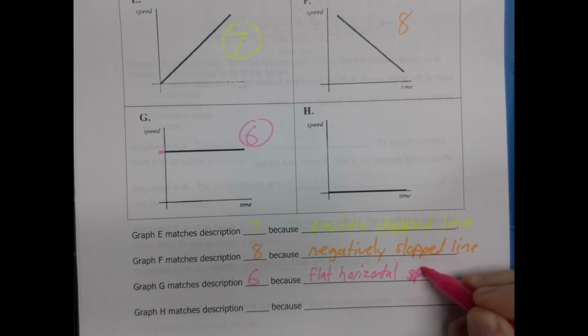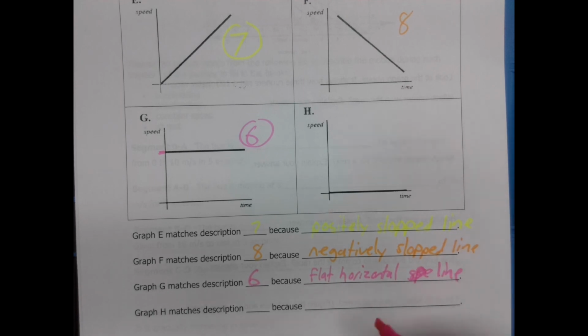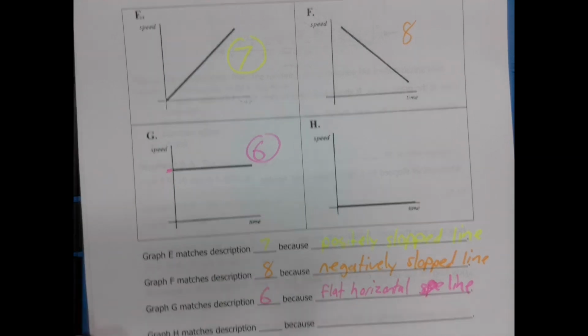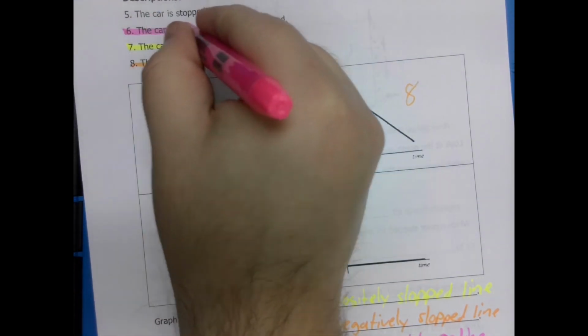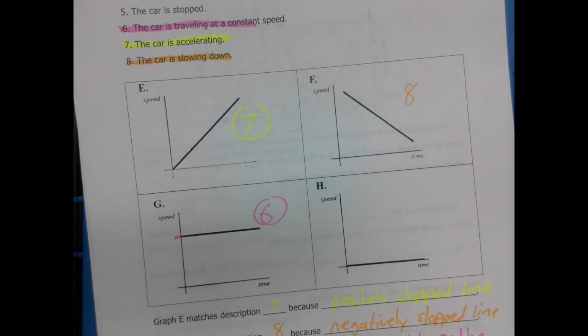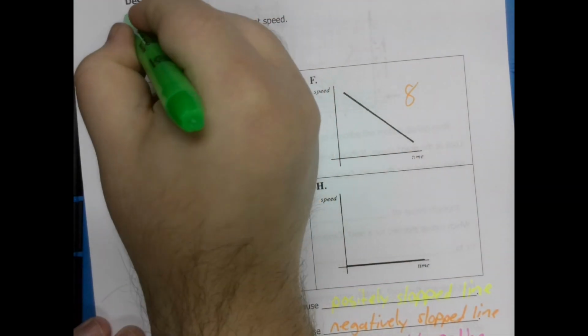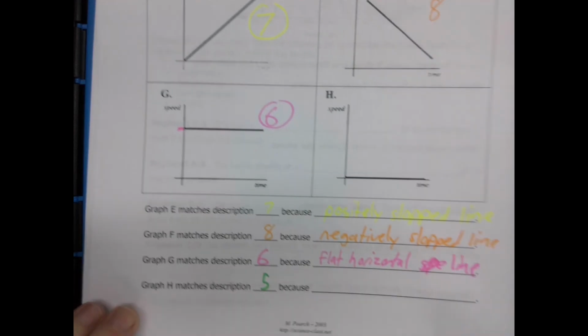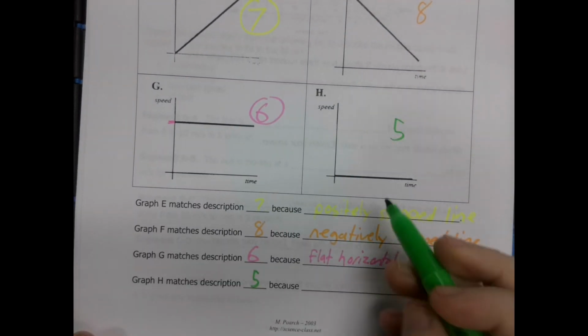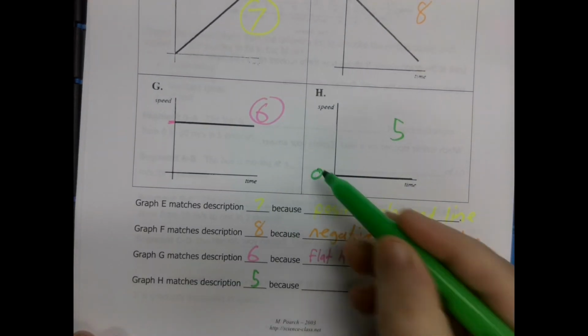A horizontal line. And the last one is the car is stopped. We know that it is stopped because the speed is 0.